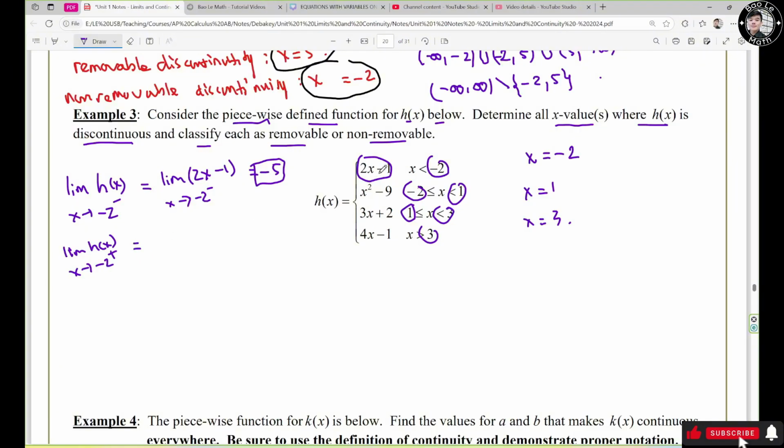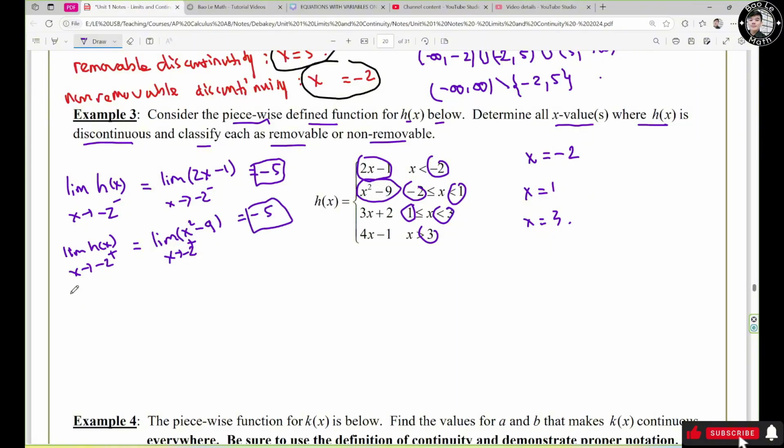It's going to be this one right here, the limit of s squared minus 9 when s approaches -2 plus. I substitute -2 for s, I have -5.